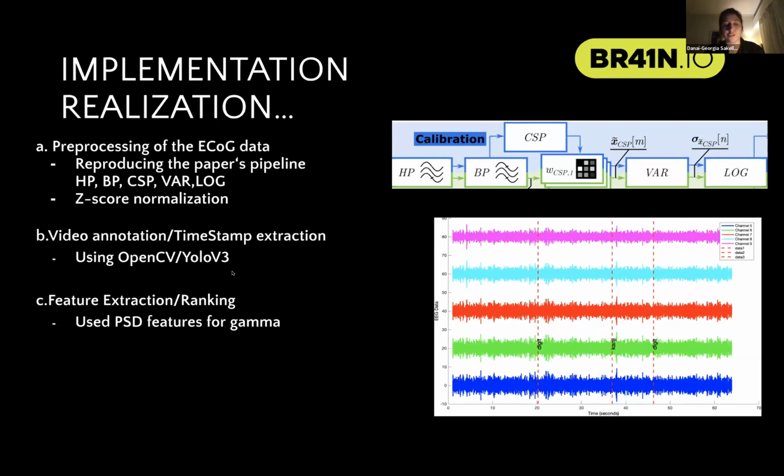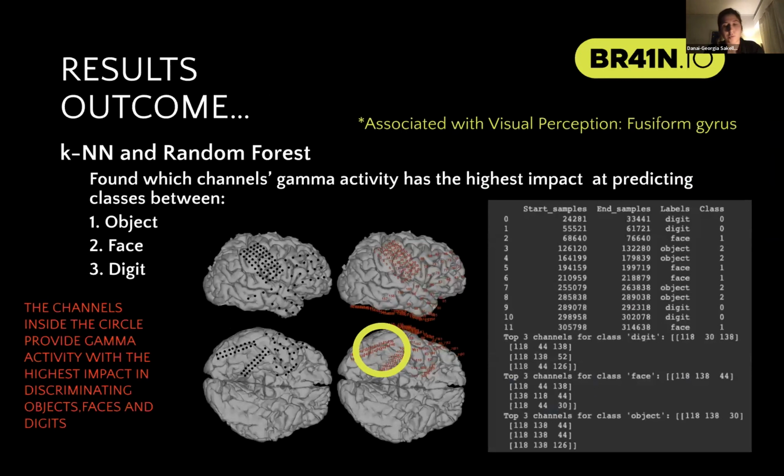And then for feature extraction, we actually wanted to reduce the analysis to the correlation of the broadband gamma and the visual discrimination. So that's what we did. And what we figured out through running two classification algorithms, the KNN and random forest, was the channels that were the most effective in showing a difference between the visual discrimination between objects, faces, and digits.